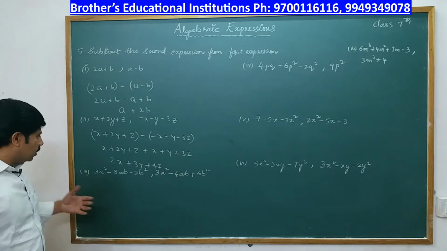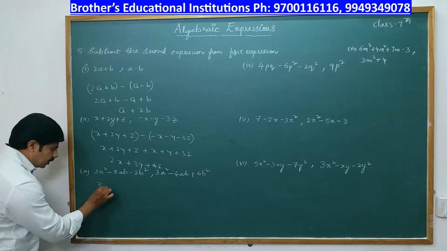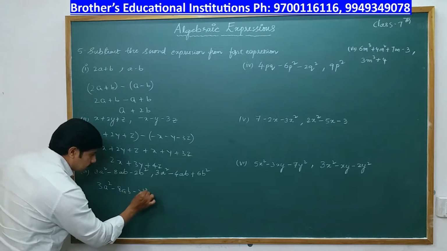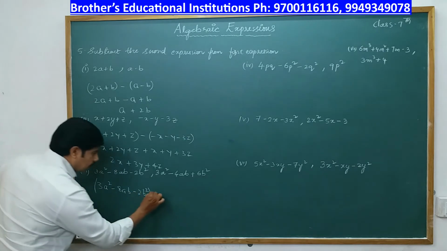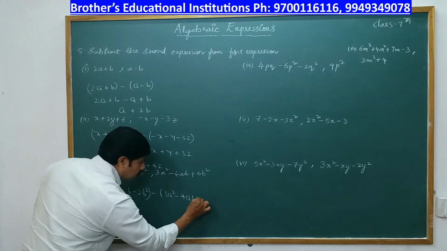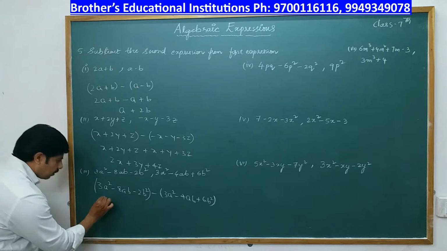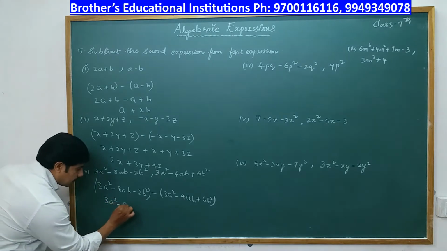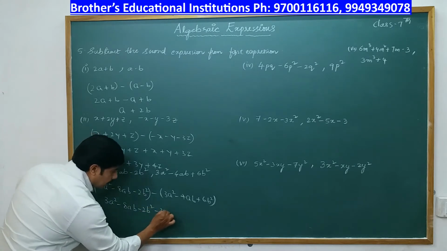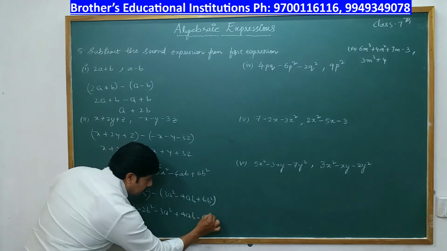Now we go to the third one. In the third one we first write 3a square minus 8ab minus 2b square, right? Then minus of 3a square minus 4ab plus 6b square. So now 3a square minus 8ab minus 2b square minus 3a square plus 4ab minus 6b square.